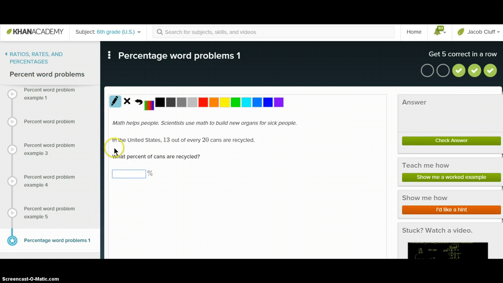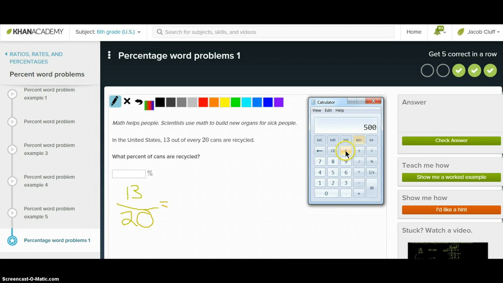Alright, next question. In the United States, 13 of every 20 cans are recycled. What percentage of cans are recycled? Alright, so 13 cans are recycled out of a total of 20 cans. And we went over this earlier. If we just divide 13 by 20, it's going to give us a decimal value.